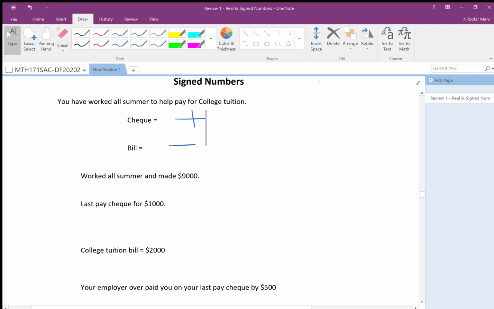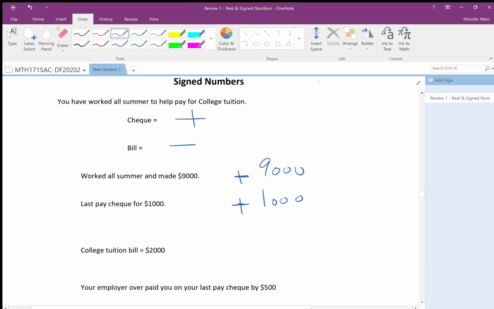You worked all summer and you made $9,000, so plus $9,000 coming to my account. Last paycheck is $1,000, which means the company I worked for all summer still owed me, and they paid.